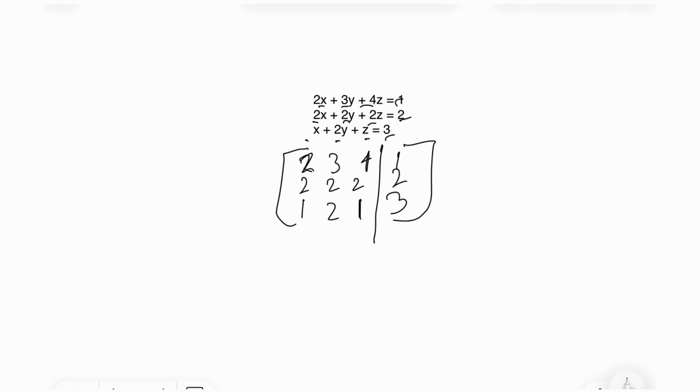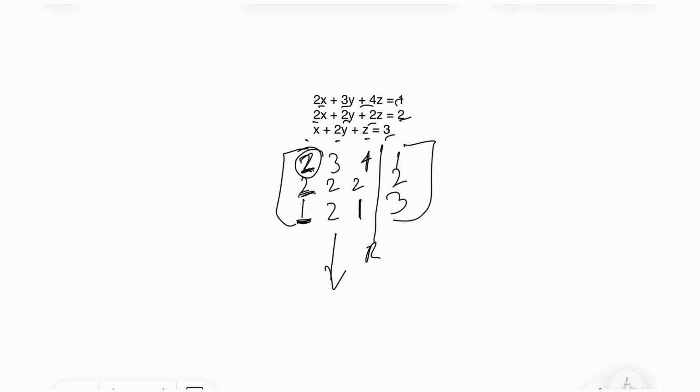Let's start with the first row. I want zeros below the first value in this row. How do I do that? Well, I can perform the row operations. I can just keep subtracting. What I would suggest is bringing the row with the least value in its first position to the top.